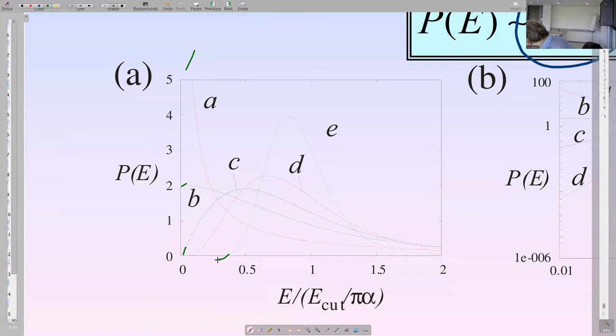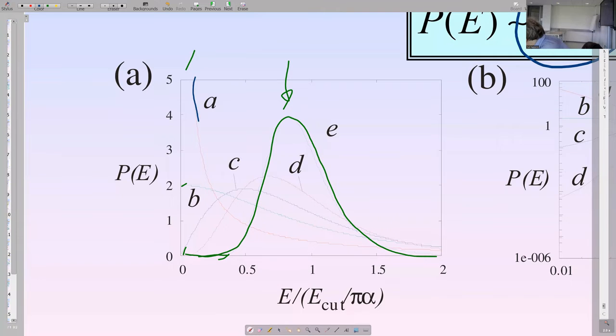And here, I believe the exponent is to the power 20. So it's very much suppressed at lower energies. Right. So the shape is like this. And at large resistances, we rather have a peak and suppression at 0. Let me sketch this curve. While at small resistances, the curve somehow looks like this.